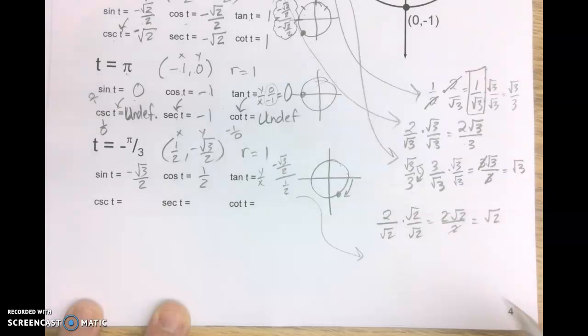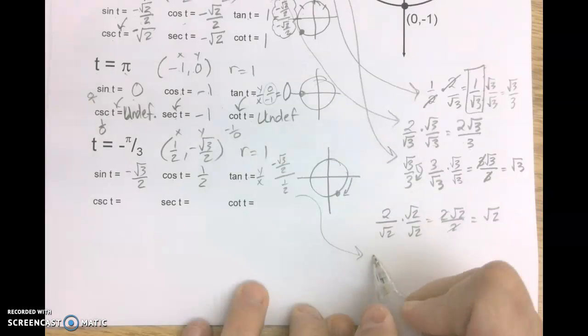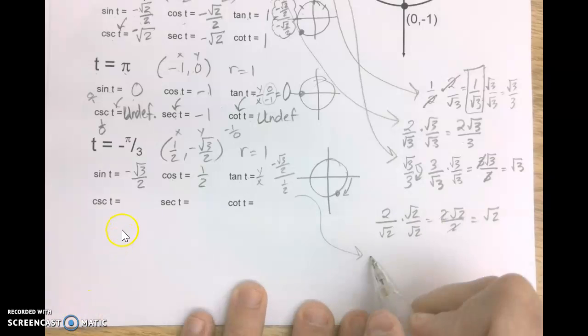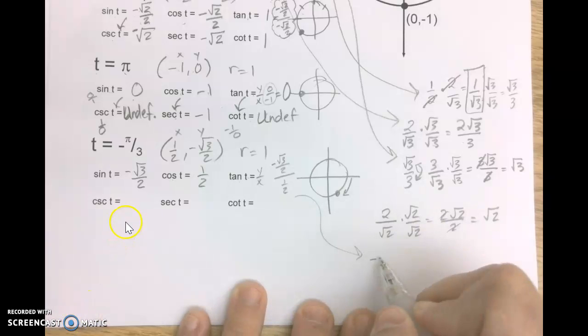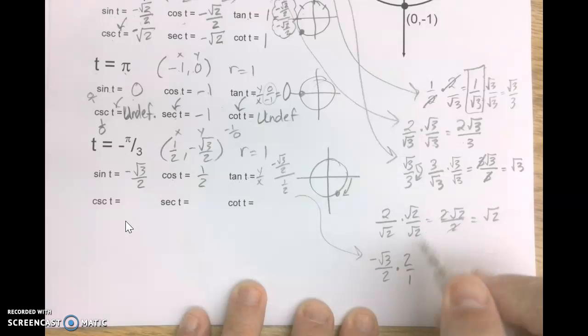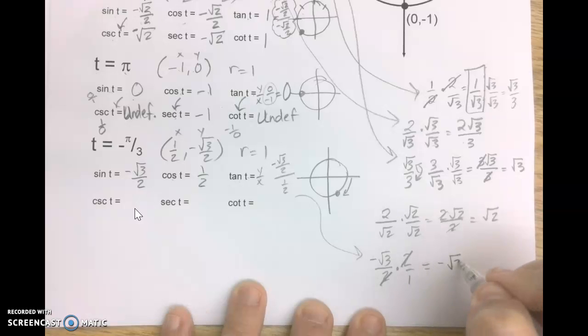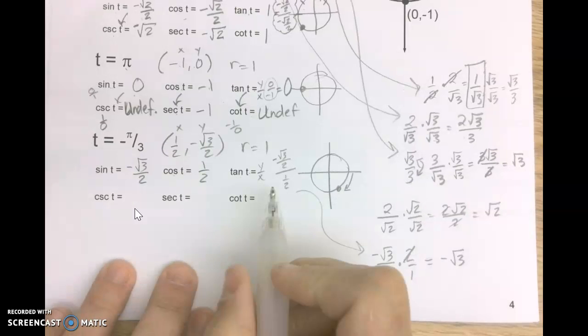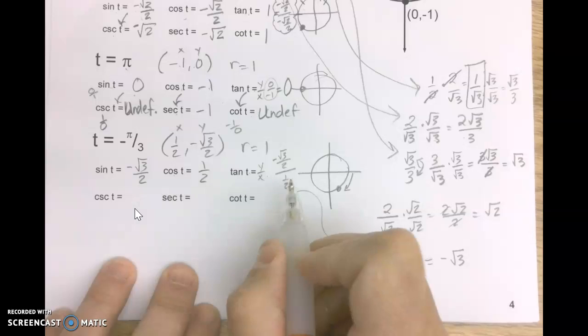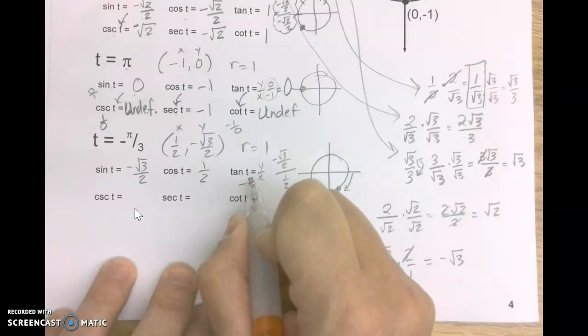All right, so I'm going to bring that work over here. Remember, when you divide fractions, you multiply by the reciprocal. So -square root of 3 over 2 times 2 over 1. I love it when those cancel out, and I end up with the square root of 3 negative. So this right here is negative square root of 3.